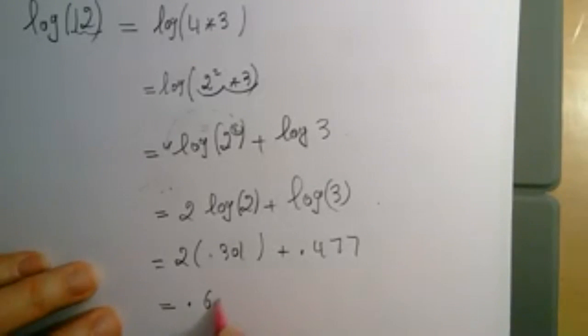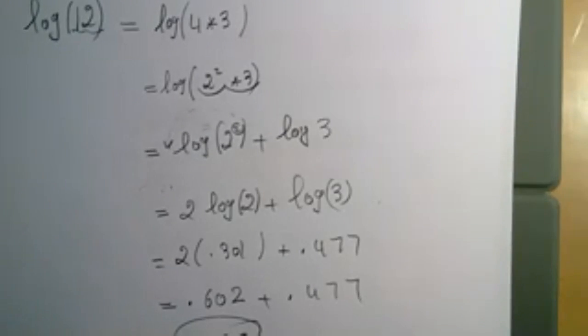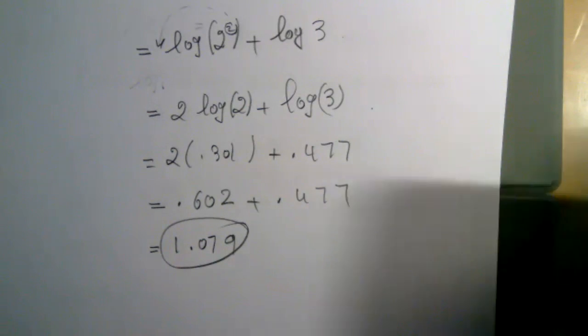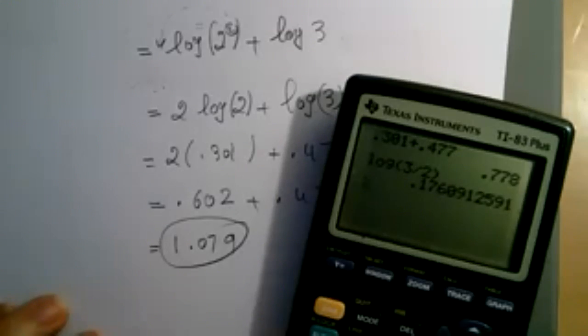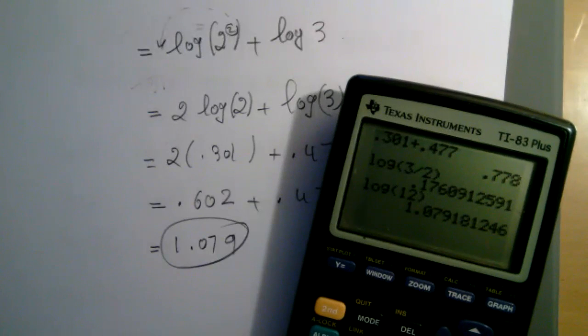I have 0.602 plus 0.477. And that's going to give me 1.079. And I'm going to check how well we're doing. Log of 12, 1.079. We are doing very well.